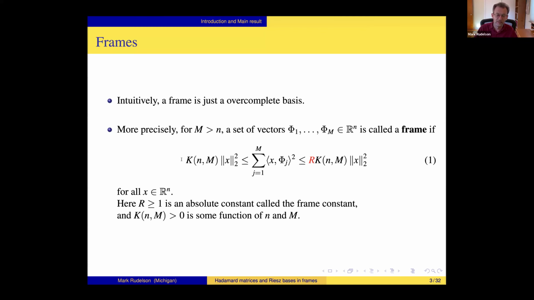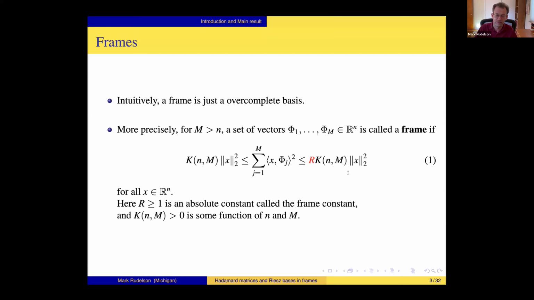So this leads to an approximation. And here in this inequality, there is a parameter k and m, which is a normalizing constant. This is not that important. And the parameter which defines the quality of approximation is r. This is the frame constant. This is the gap between the lower and the upper estimate of the Euclidean norm.